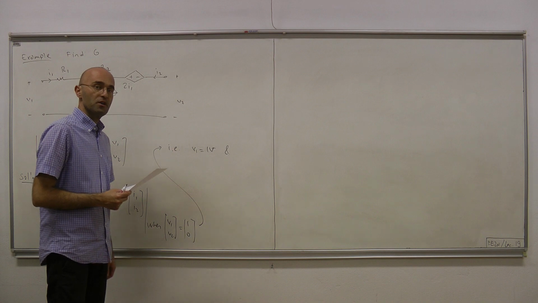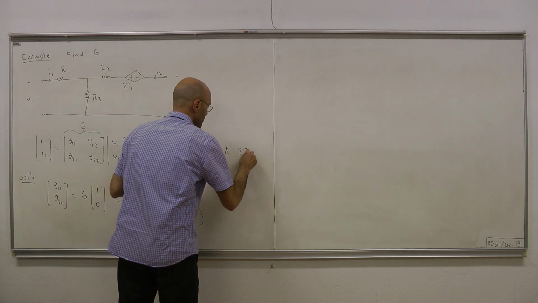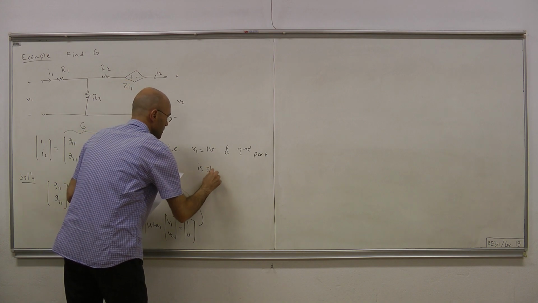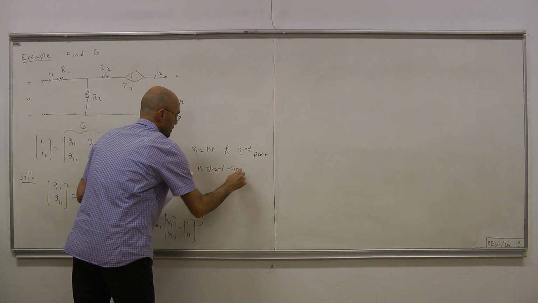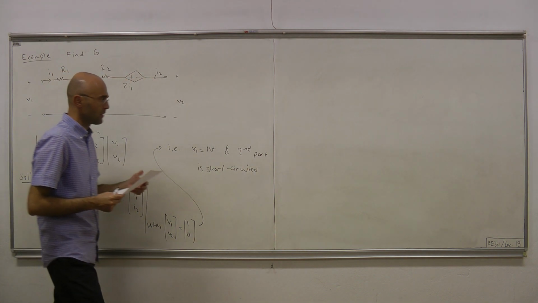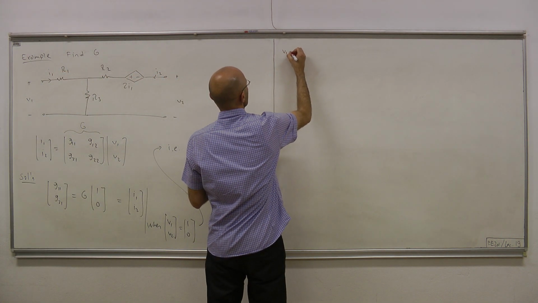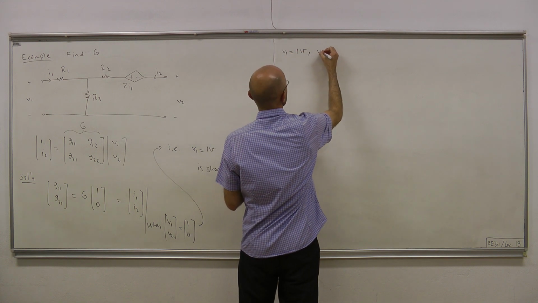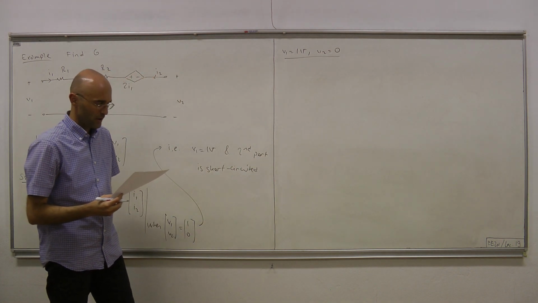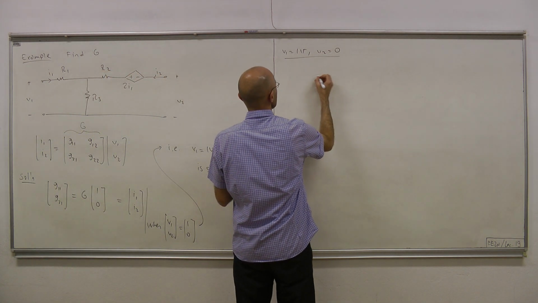That means the second port is short circuit. So let's consider that case: V1 equals 1 volt and V2 equals 0, the second port short circuit.